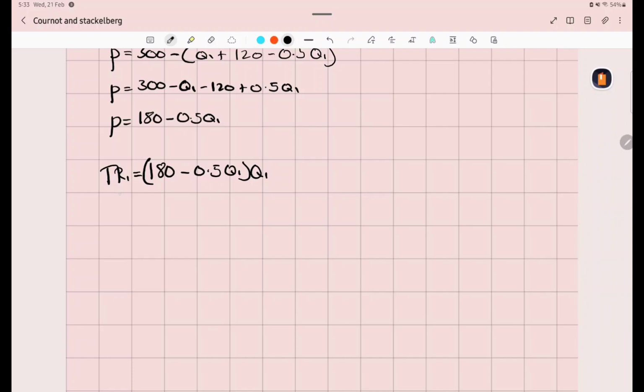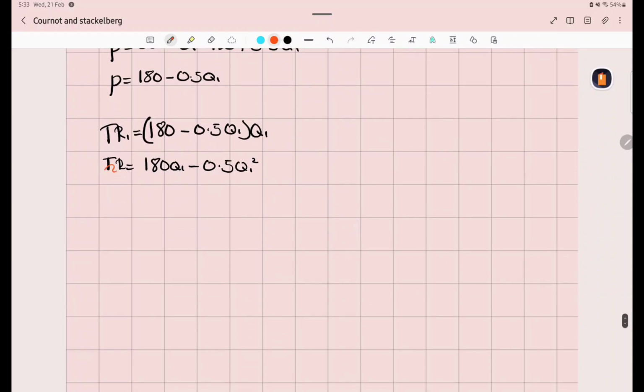So price times quantity is your total revenue. You will get 180 Q1 minus 0.5 Q1 squared.